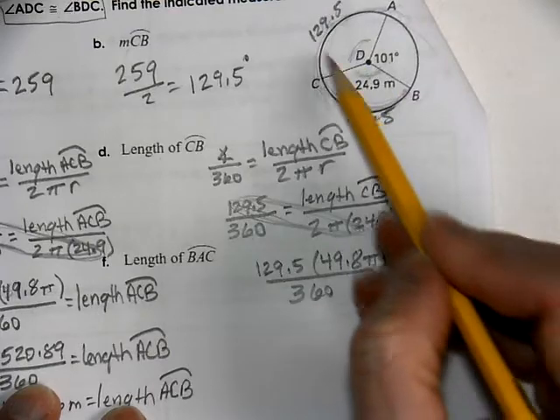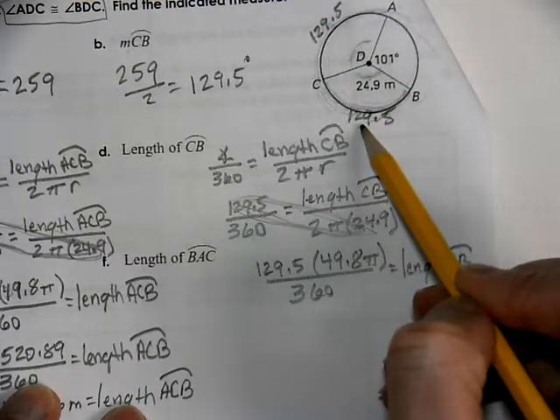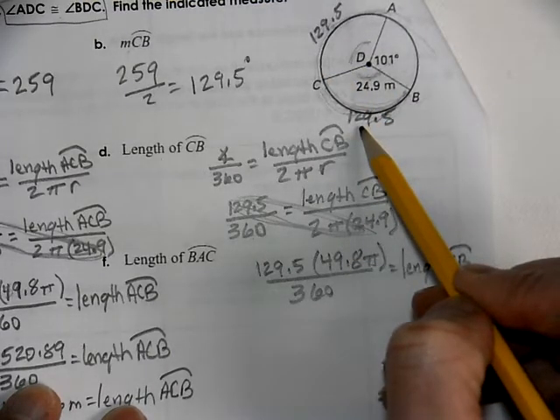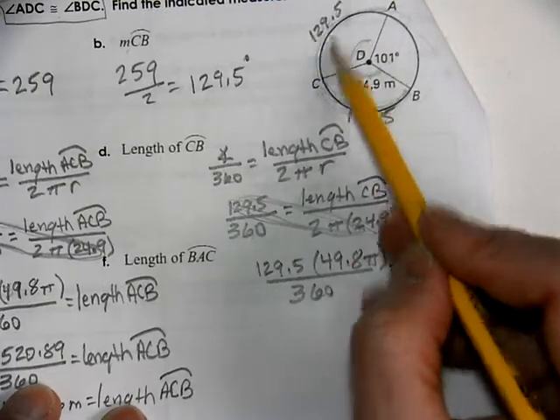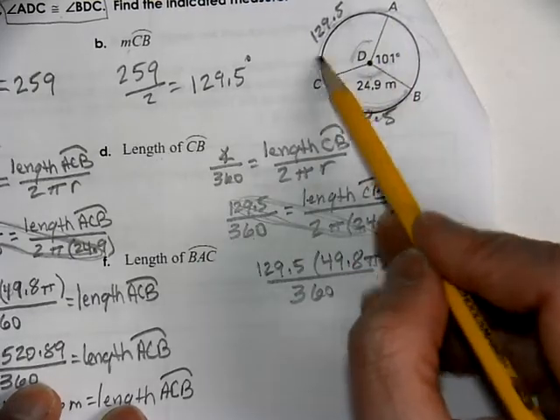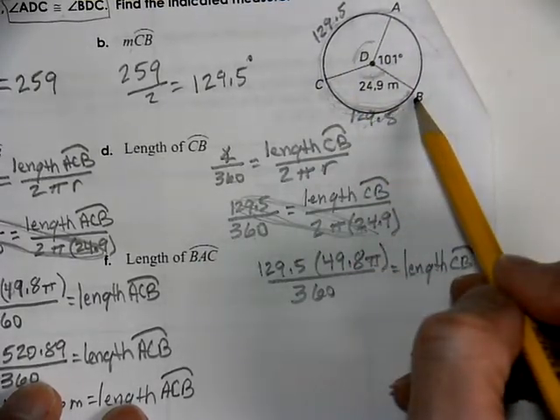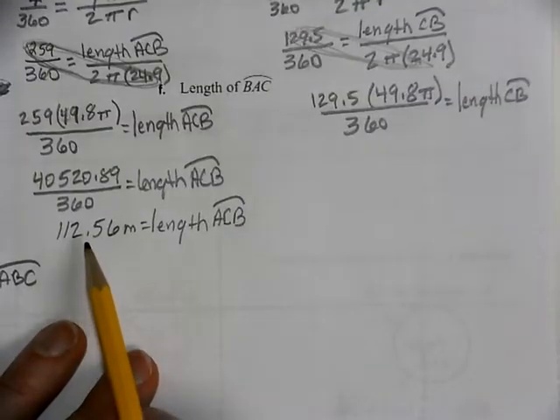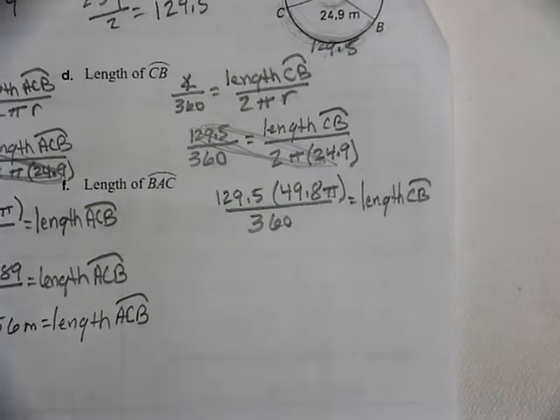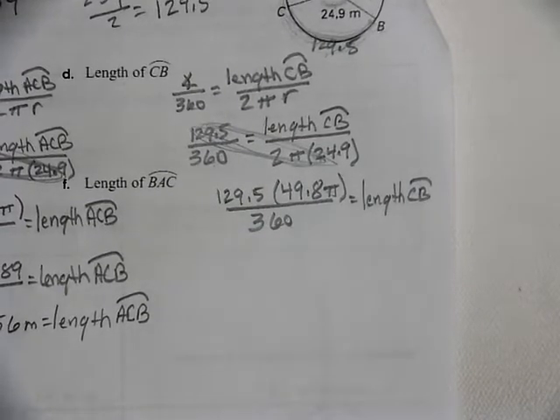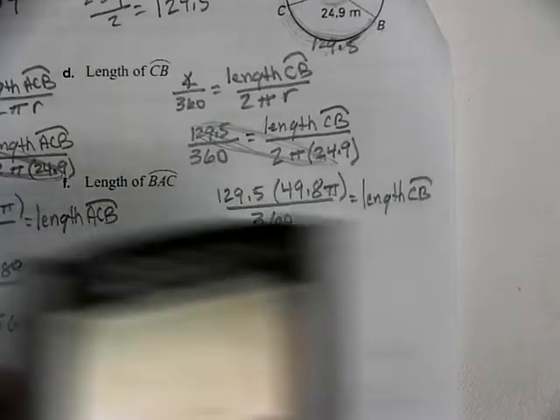Now we know these two are the same amount. Since their central angles are both 129, we know that their arc measures are both the same. So it's really just 112 divided by 2. That's what we would expect to get here. That would have been the shortcut method to go. But I thought it was good to practice setting up your proportion again.